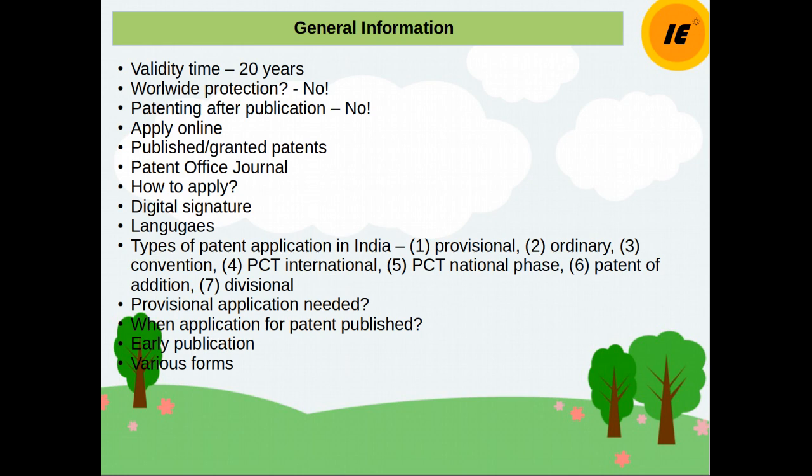Now, the second type of application is called an ordinary application. From the name itself, it should be clear. An application for a patent filed in the patent office without claiming any priority either in a convention country, or without any reference to any earlier application under process in the office, is known as an ordinary application.